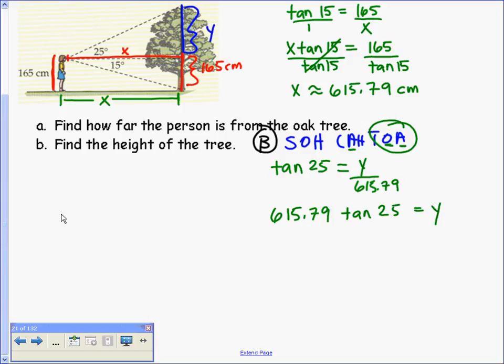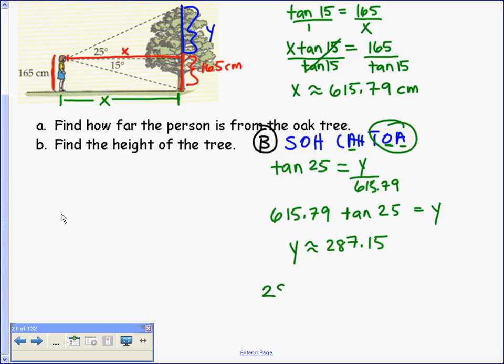Okay, so let's plug that in the calculator really quickly. And I get 287.15. Now that I have that, I can take that 287.15 to find the answer.